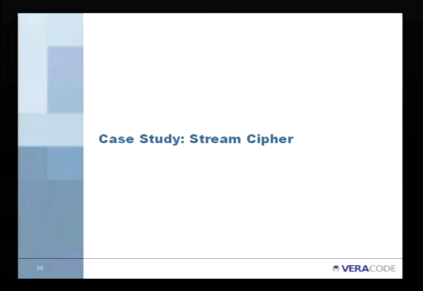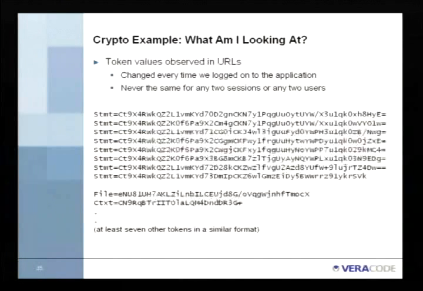So a stream cipher example, that was a block cipher. We can find similar weaknesses in stream ciphers using the same good old pattern recognition techniques. Okay, another different application. In this case, we found a bunch of tokens in URLs that we didn't know what they were, and they were all over the application.